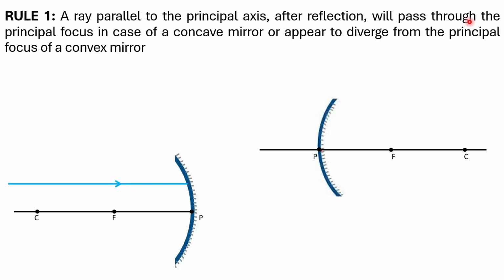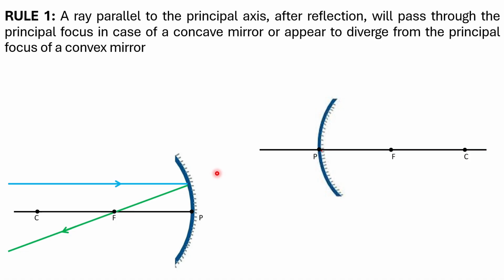It will pass through the principal focus after reflection. After reflecting from the mirror, it passes through the principal focus. See, the arrow shows it is passing through the principal focus. This is rule 1 for a concave mirror.